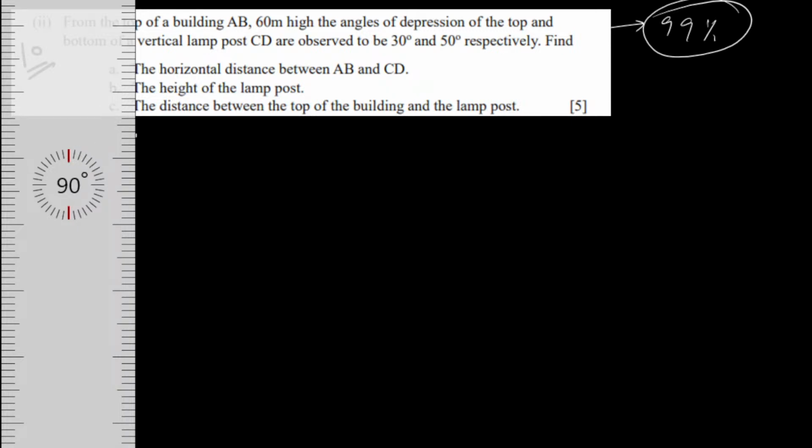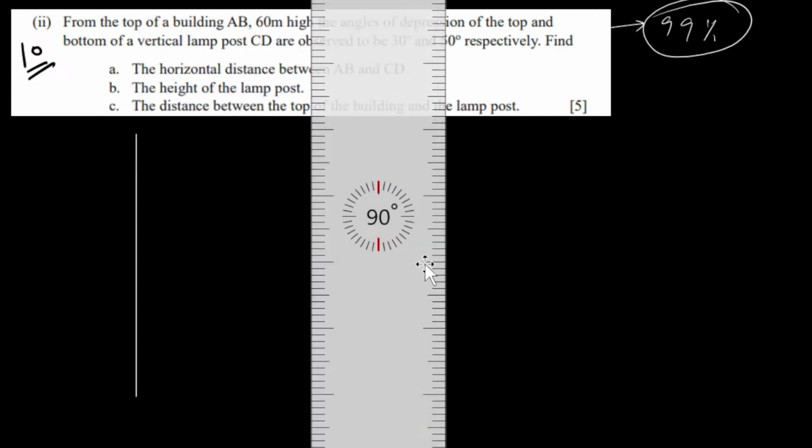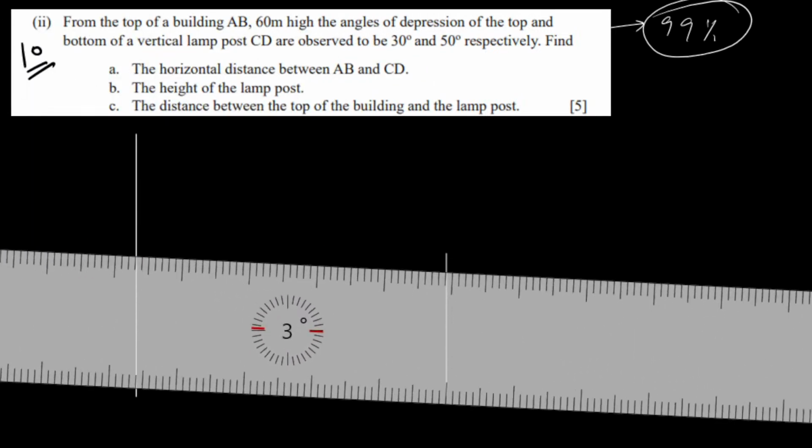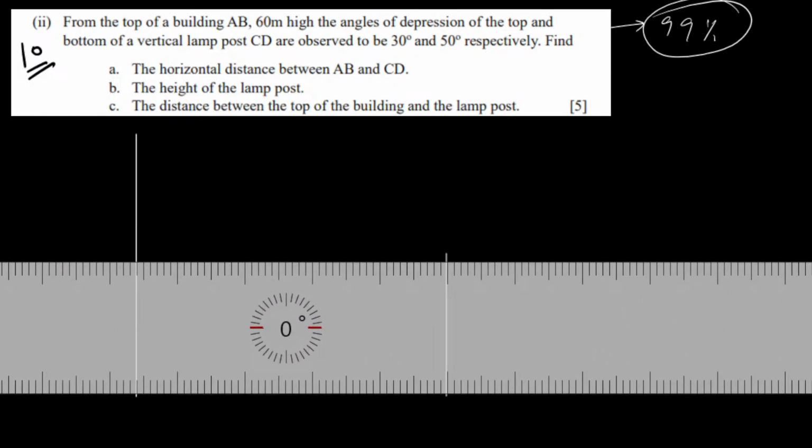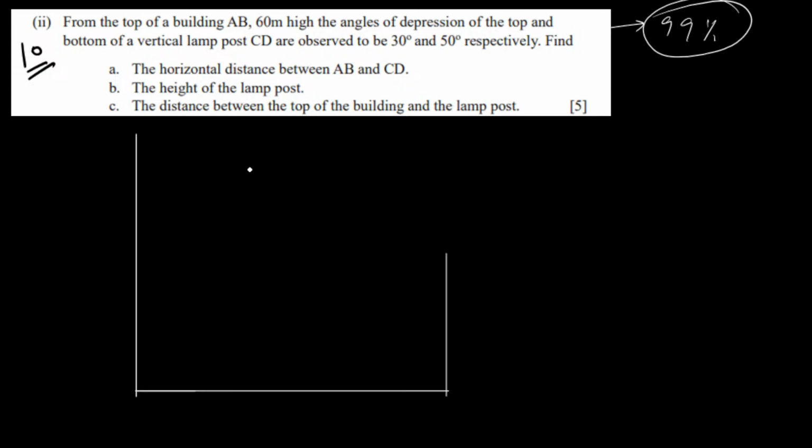Let's say this is the building. In front of the building, one lamp post is there. Lamp post you can also see as a street light or something like that. That will also be vertical only. So this is AB, the building, and I am considering 60 meter as the height given to us.